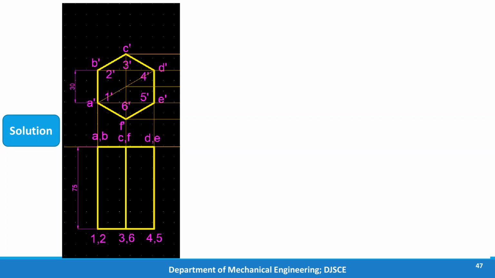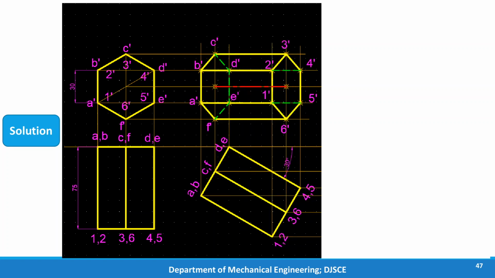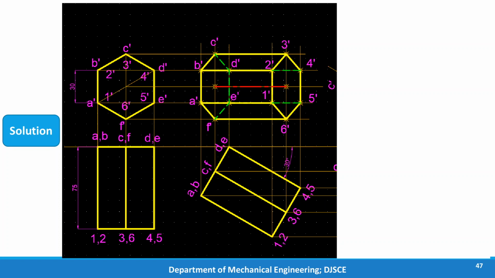First step, we have kept it on VP. So this is the hexagonal prism kept on VP, front view and the top view. Second step, we will tilt the top view so that this edge is making 30 degrees with XY, because that is a rectangular face.